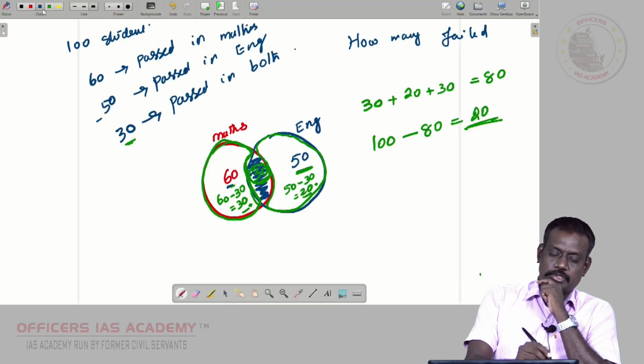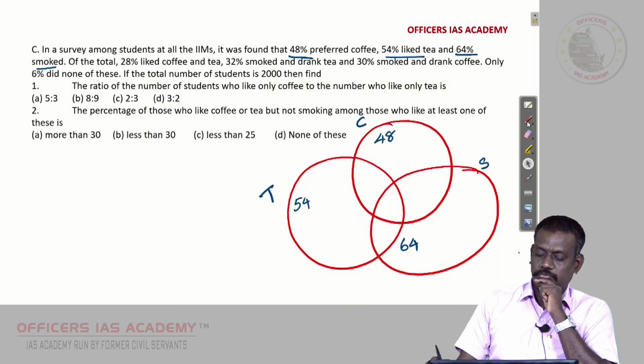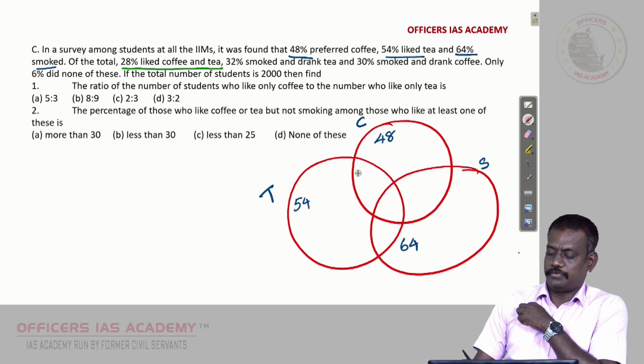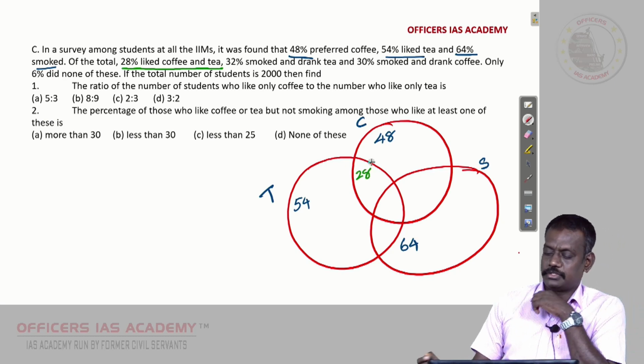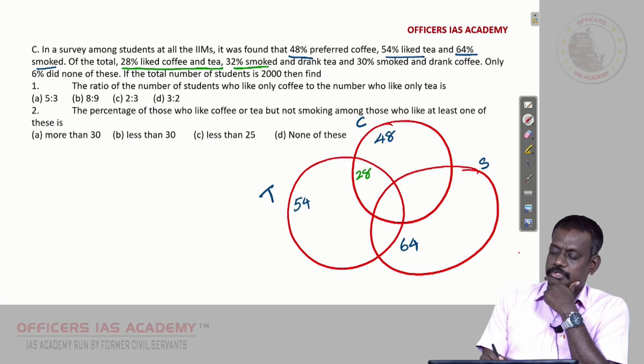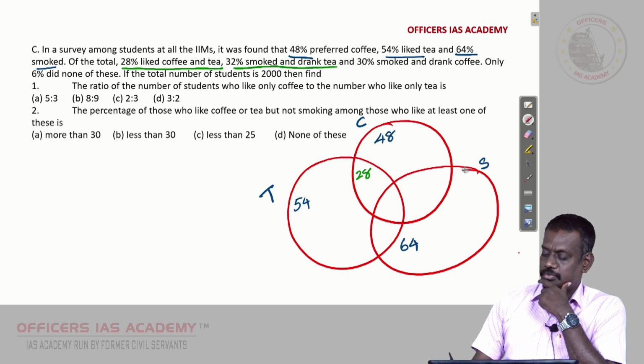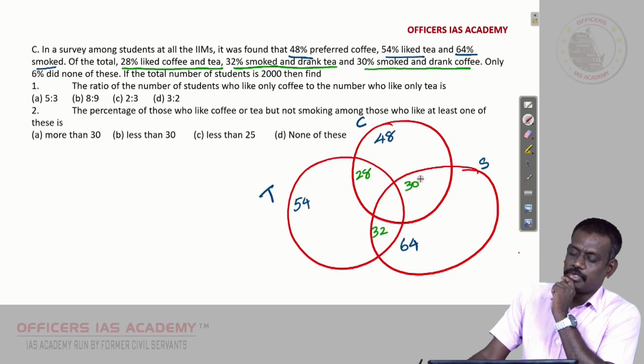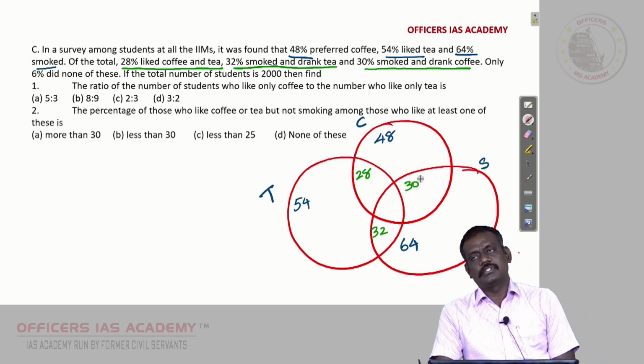And the next, it is given 28% liked coffee and tea. So coffee and tea it is 28%, and 32% smoked and drank tea. So smoked and drank tea it is 32%, and 30% smoked and drank coffee. So this is 30.